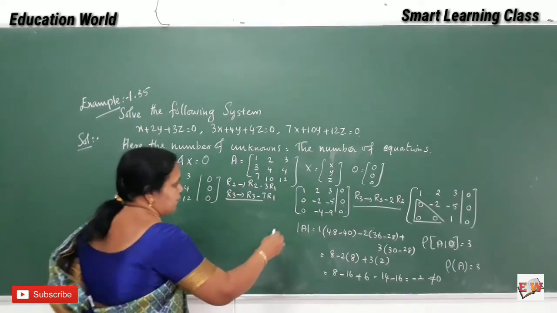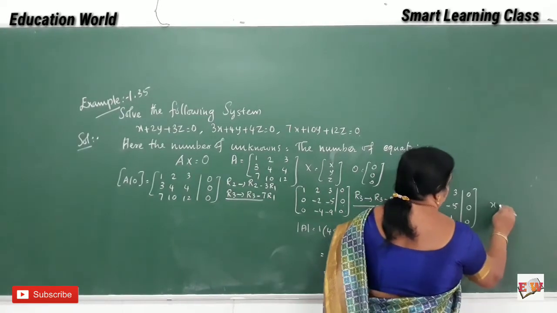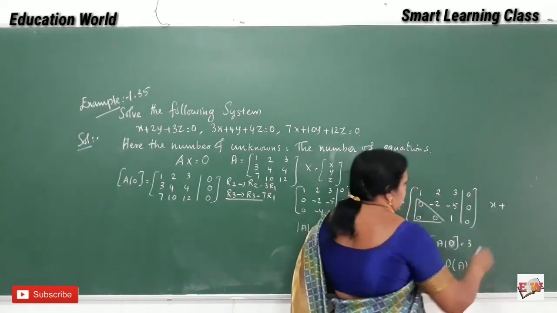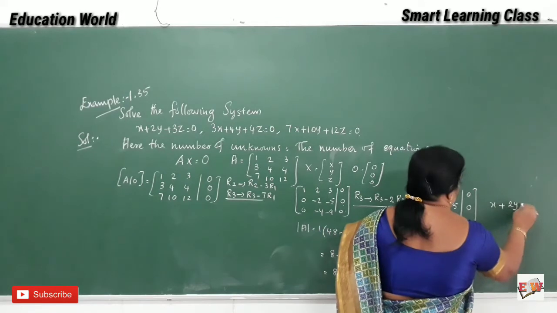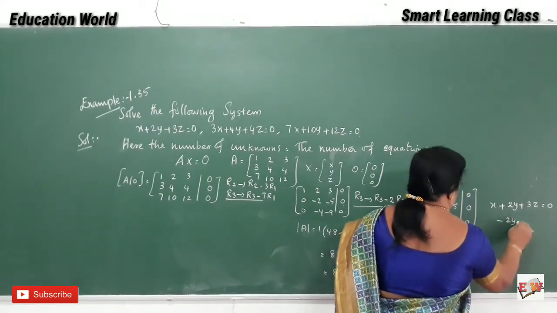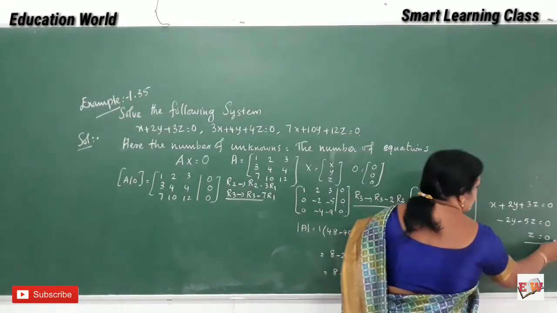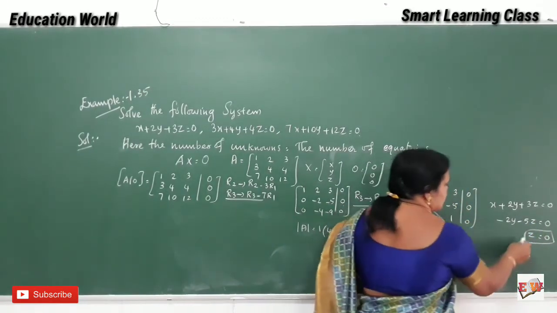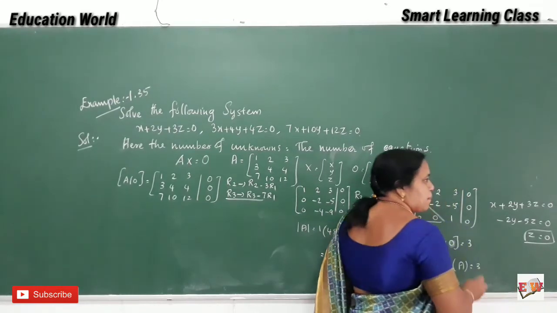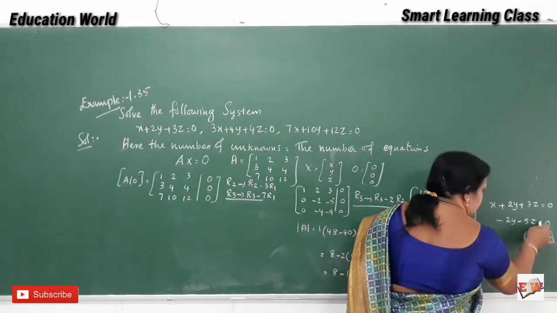See, suppose you check it, if you write the equivalent system of equations from this: minus 2y minus 5z equal to 0, z equal to 0. See, z equal to 0. Suppose you apply back substitution: z is 0 means y is also 0.